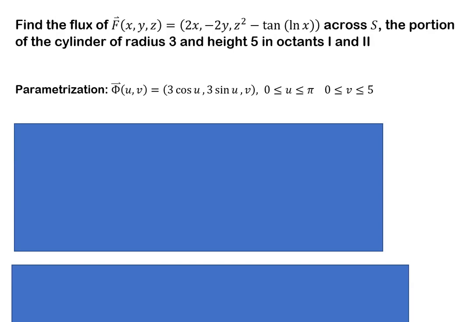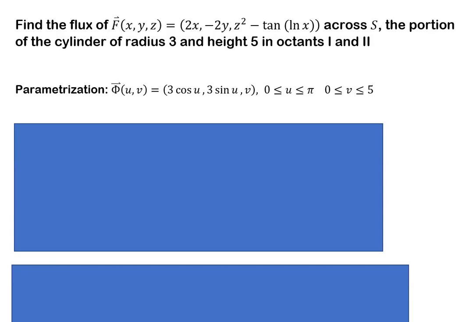First thing we need is the parameterization for our cylinder. This is one of those basic friendly shapes that you need to know how to come up with the parametric equations for. Your parameterization, capital phi hat, is 3 times the cosine of u, comma 3 times the sine of u, comma v.